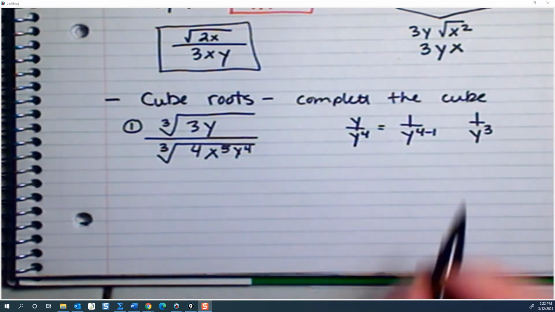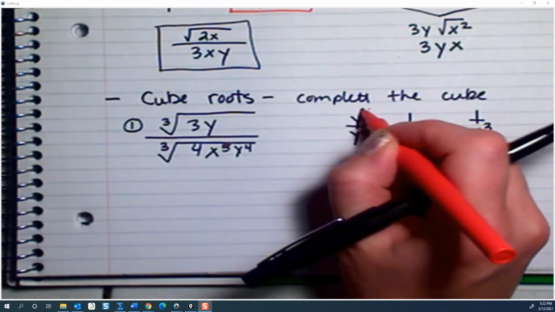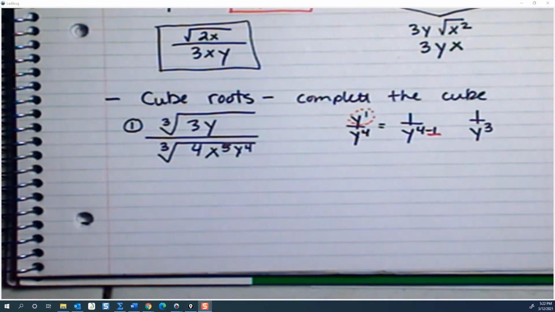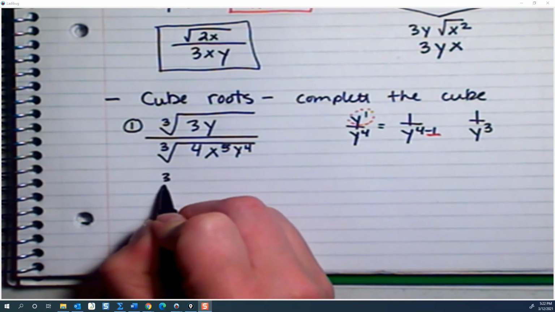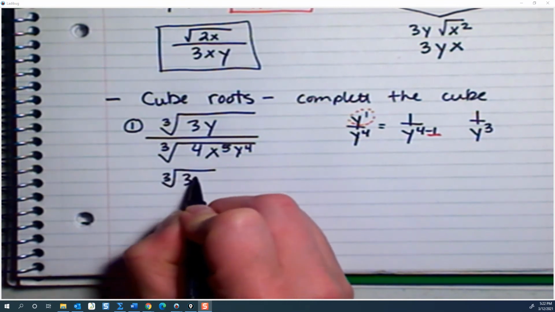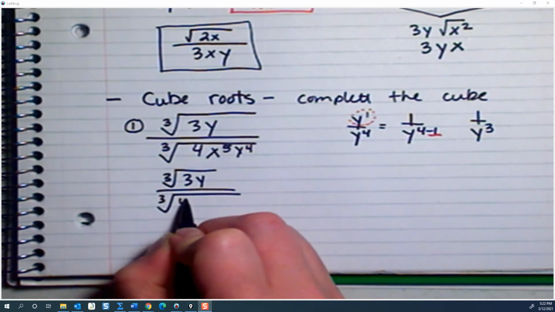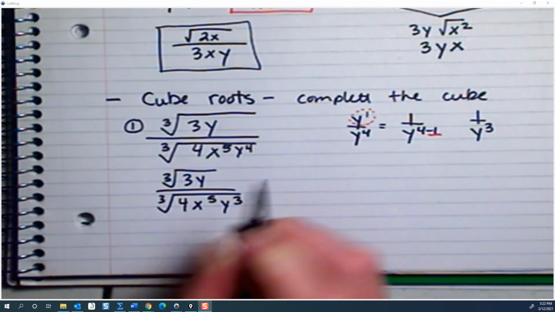Okay, so notice that this numerator is the piece that was moving. Right, see that? So that's why I subtracted the 1 in the denominator exponent. So let's simplify. So I have cube root of 3y over cube root of 4x to the 5th y cubed.